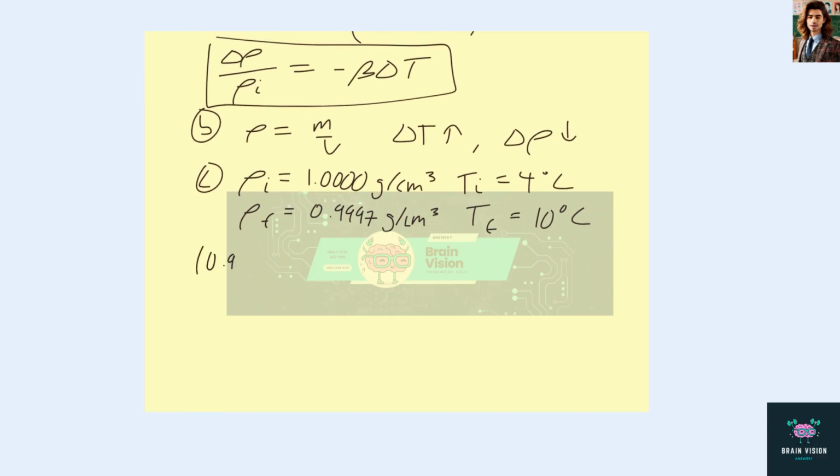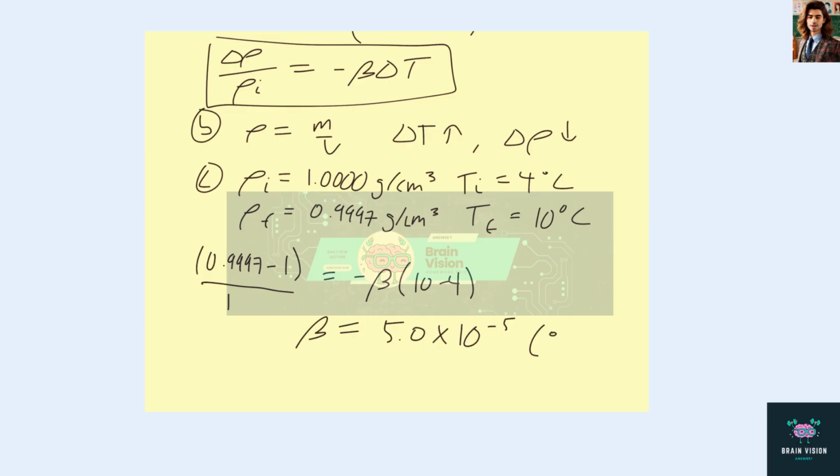It's going to be 0.9997 minus 1 over our initial, which is 1, equal to negative beta delta T, which is 10 minus 4. Solve for beta and get beta equal to 5.0 times 10 to the negative 5 inverse degrees Celsius.